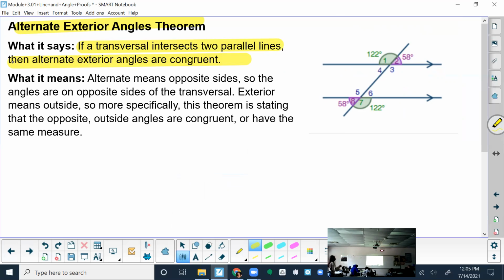The reason we're going through these is that if we need to make a proof, we can do that by using these theorems as our reasons, as our justification. We can say that angle 2 is congruent to angle 8 because of the alternate exterior angles theorem. All right, questions?